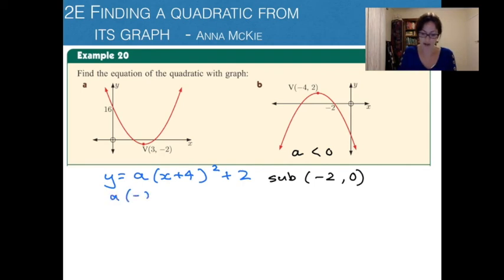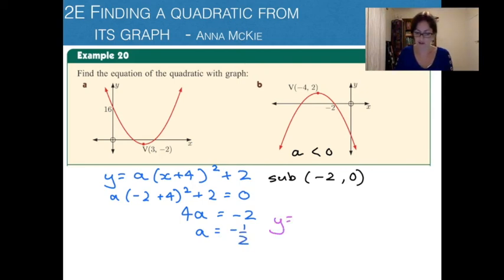Substituting in for x and y and solving, this comes to be 2 squared, which is 4, so 4a, moving that 2 over, so therefore a is equal to negative 1/2, and finishing that off with the equation: negative 1/2, x plus 4 all squared plus 2.